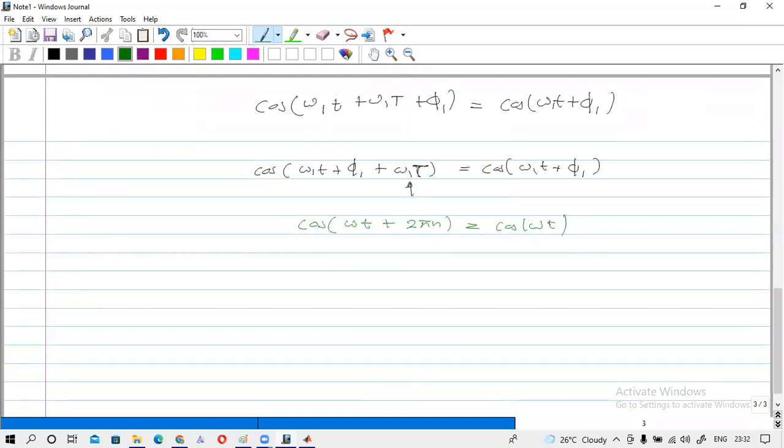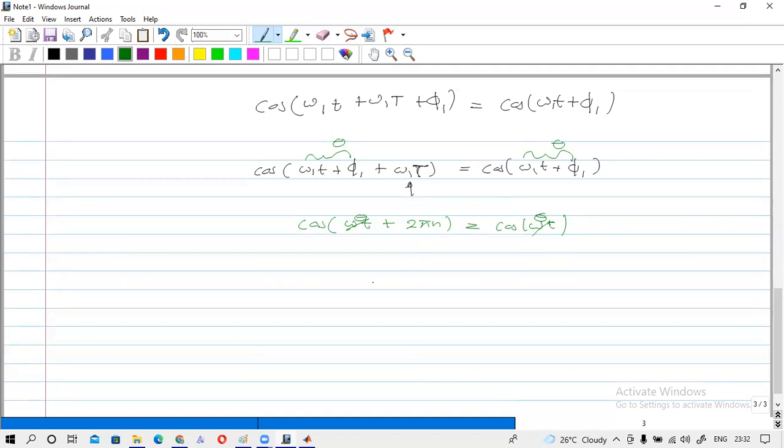So instead of this ωt, we can put capital T actually. Then you can see that cos(θ + 2πn) is equal to cos θ. If you see this signal, this part you can consider as theta, and here this part is also theta. So I just take this ω1 t plus φ1 as theta, any angle.